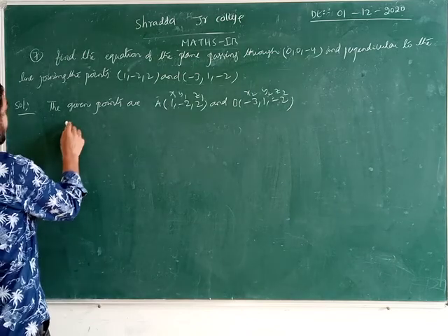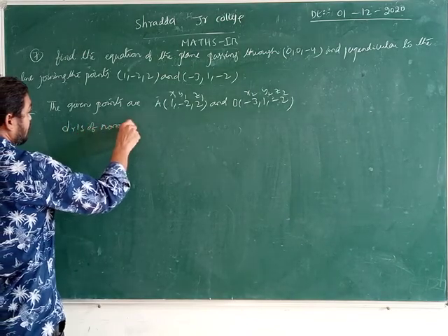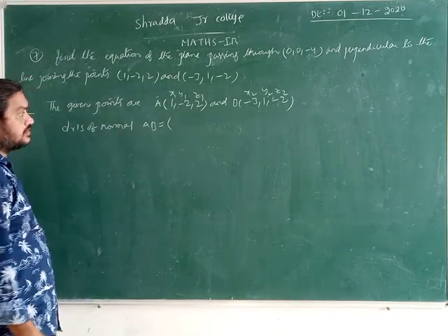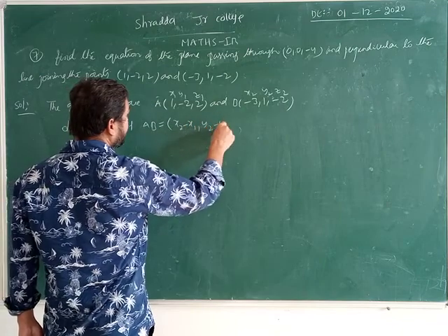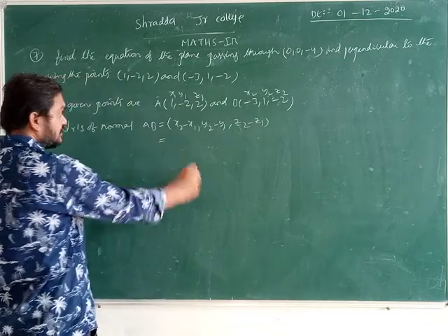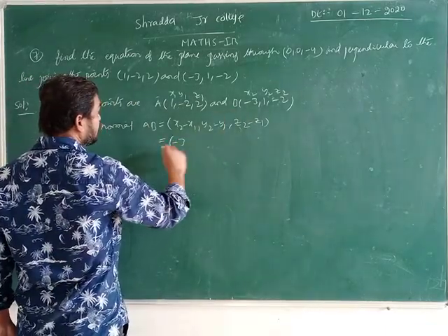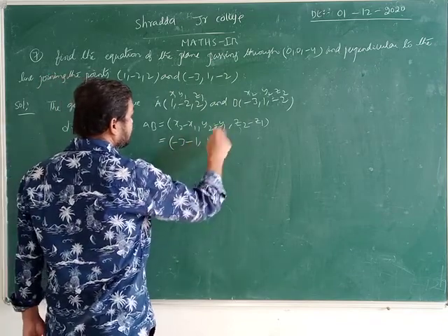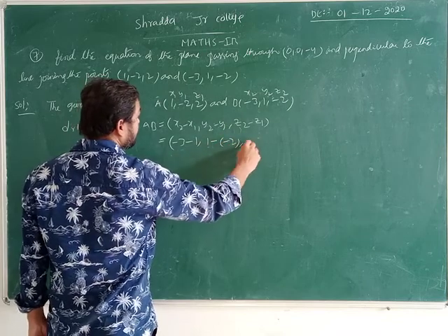So now the direction ratios of the normal, that is AB, by using the formula x2 minus x1, y2 minus y1, z2 minus z1. What is x2 here? That is minus 3, minus x1, which is 1. What is y2? 1 minus y1, which is minus 2. What is z2?